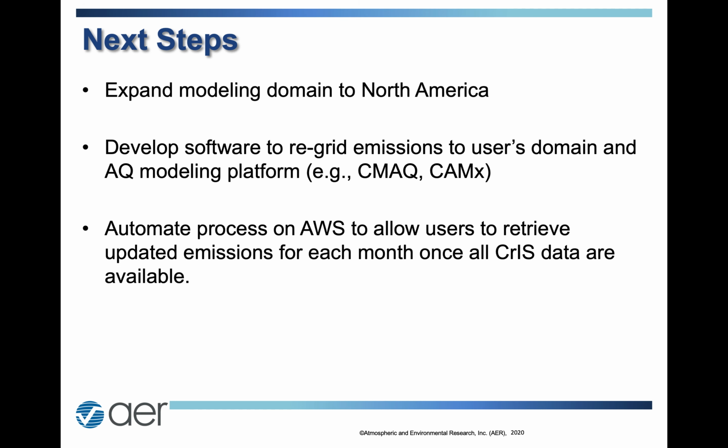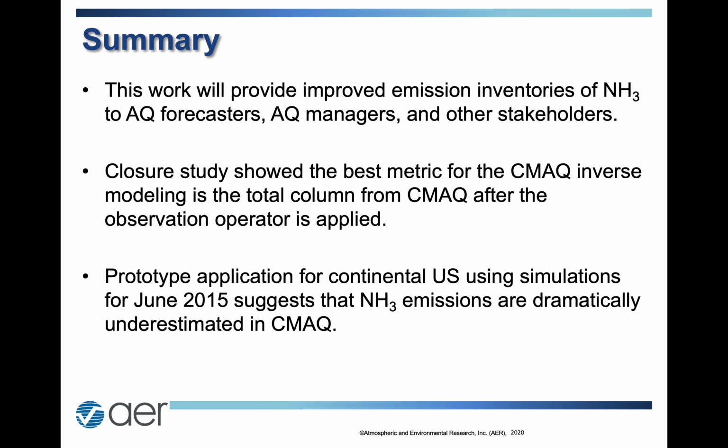So to summarize, the overall goal of this project was to improve emission inventories of NH3 using the CrIS ammonia observations and using an inversion approach. Our closure study found that the best metric was the total column rather than the surface concentration for doing these CMAQ to CrIS comparisons.